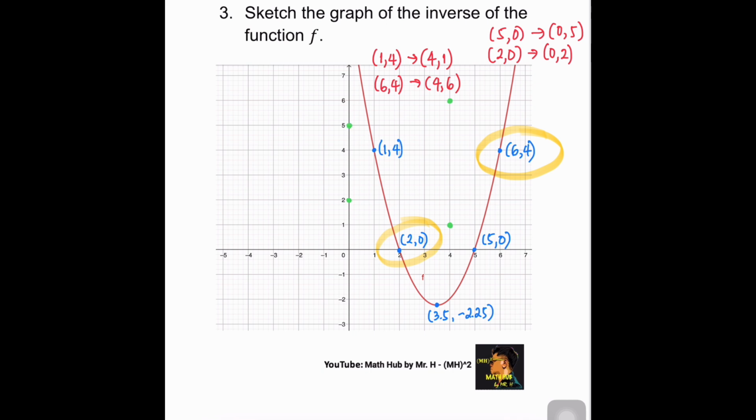And for the last one, which is the vertex, again, this is just an estimation, okay? It's going to be at negative 2.25 comma 3.5, and that is going to be here. And then we simply connect the dots. That is the graph of the inverse of the function f.